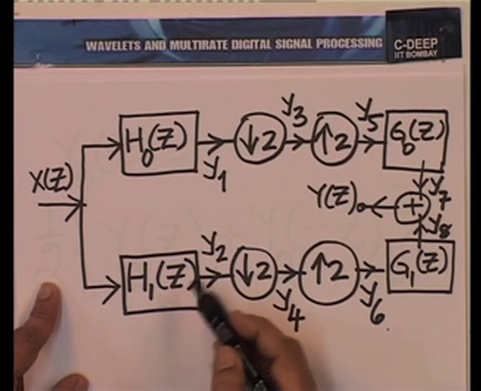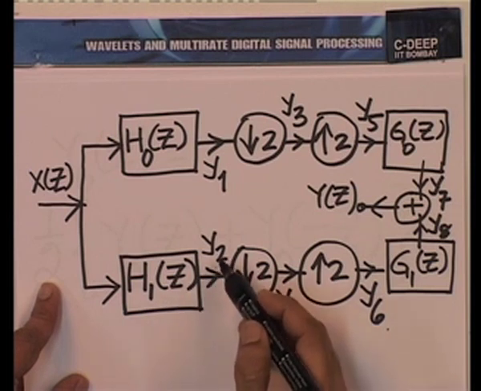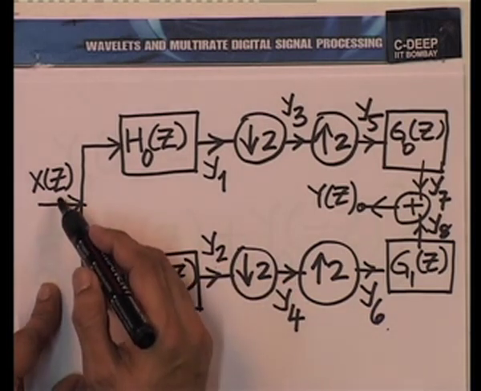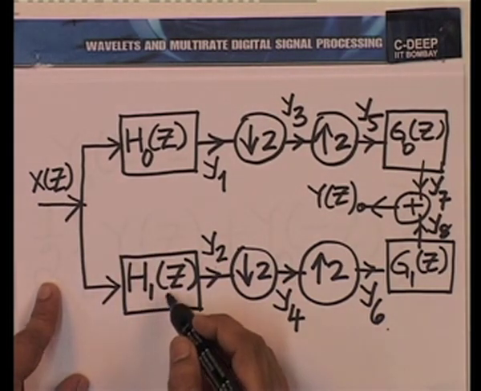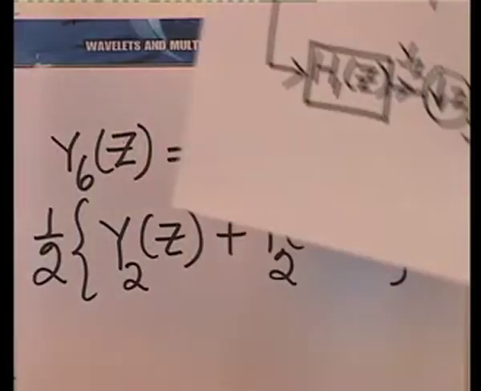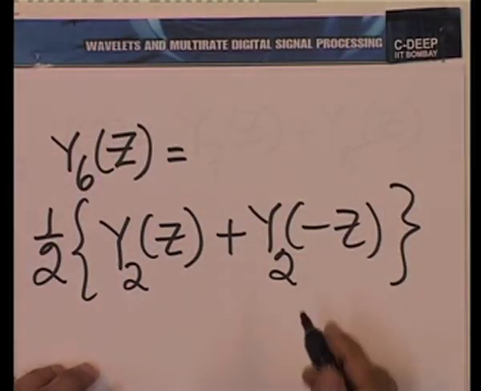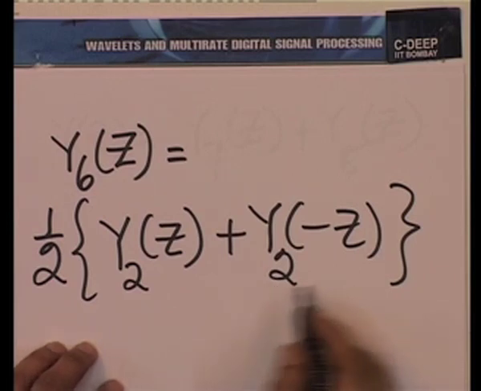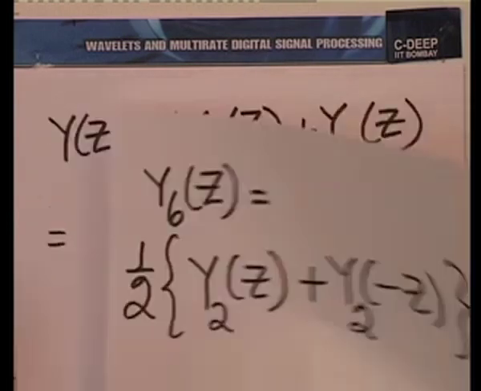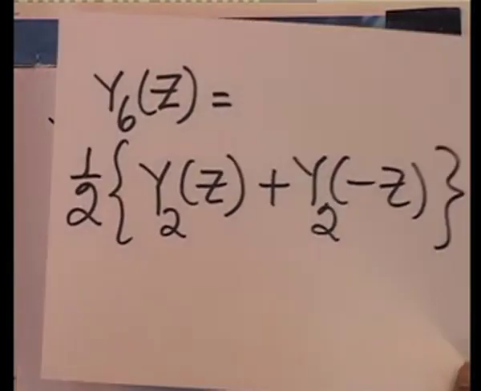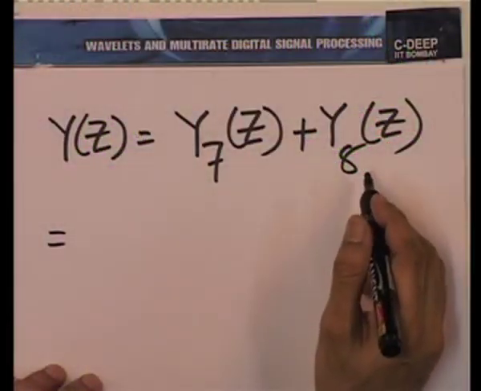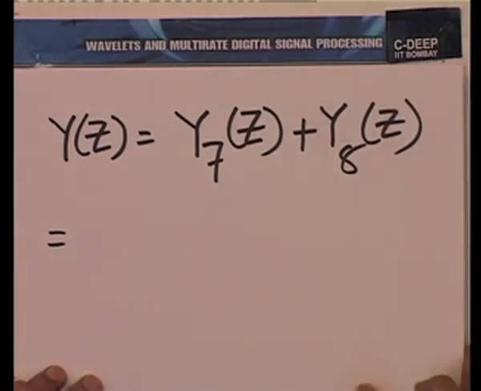Now, when you take y 2 of minus z, you would get x of minus z multiplied by h 1 minus z. So, in fact, let me put that down. What I am trying to do is to identify a form of the expression. So, this y 2 of minus z has two terms embedded in it. So, let us focus, let us say for example, on this term here, y 8.